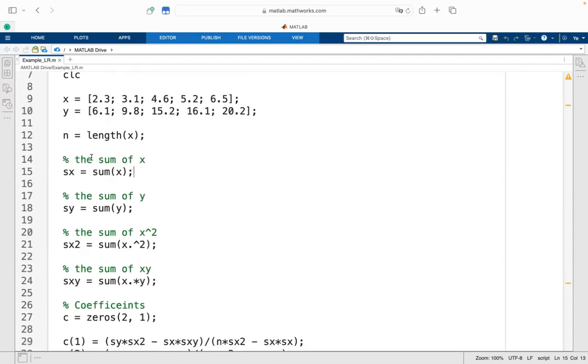Then first get the sum of x, where x and y are column vectors.